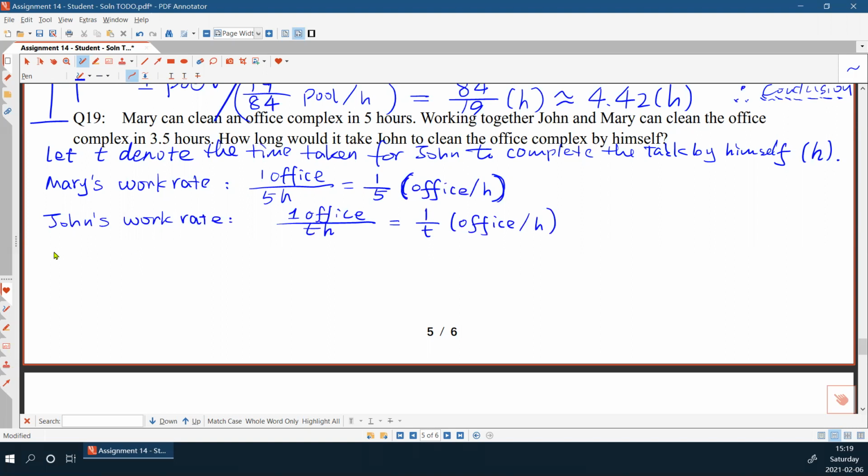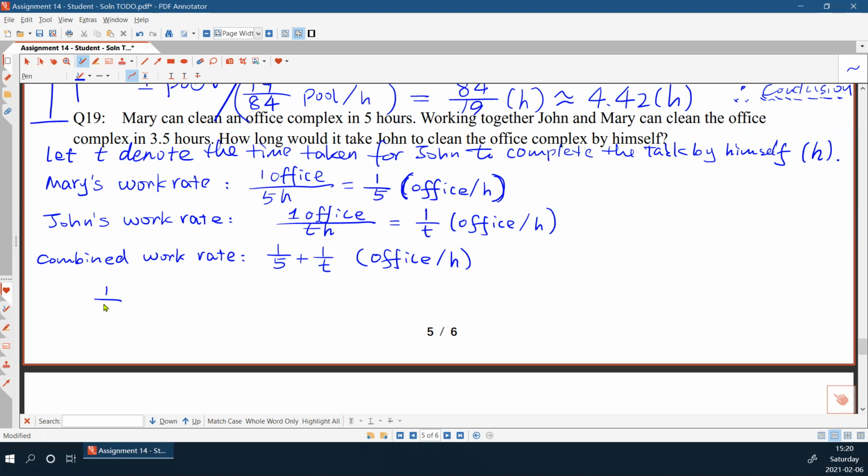Understand? So the combined work rate is 1 over 5 plus 1 over T, right? If they work together, the combined work rate is 1 over 5 plus 1 over T office per hour. And we also know that by working together, they can clean the office in 3.5 hours.